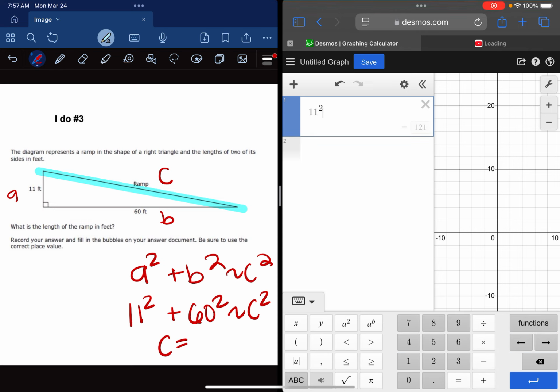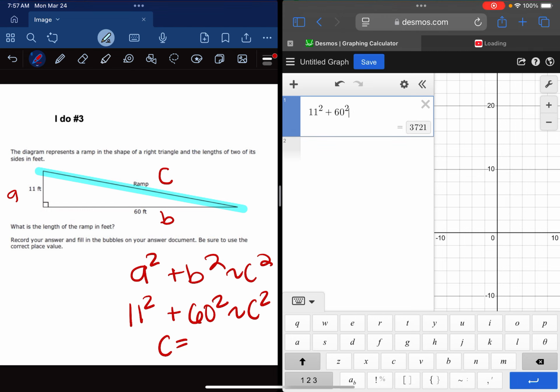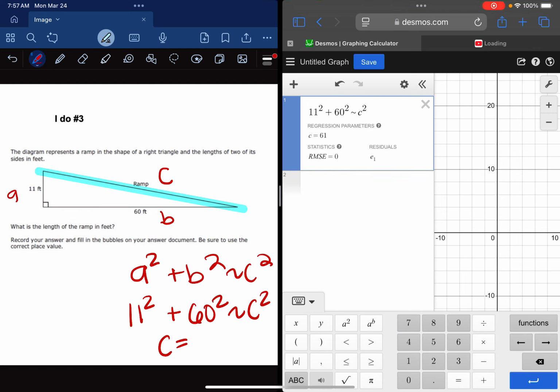It gives me an answer of 61. And that checks out because our C value has to be more than our A and B values, always, because that is my longest side.